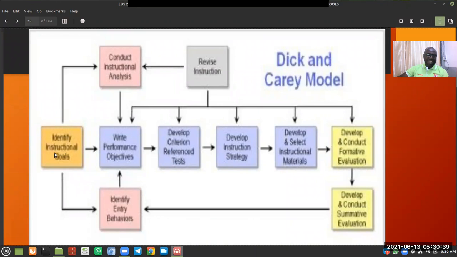It starts from identifying instructional goals and moves on to writing performance objectives, development of a criterion-referenced test, development of the instructional strategy, development and selection of instructional materials, and then you move on to develop and conduct formative evaluation, then develop and conduct your summative evaluation, identifying entry behaviors, and moving on to the conduct of instructional analysis and revision of the instruction.